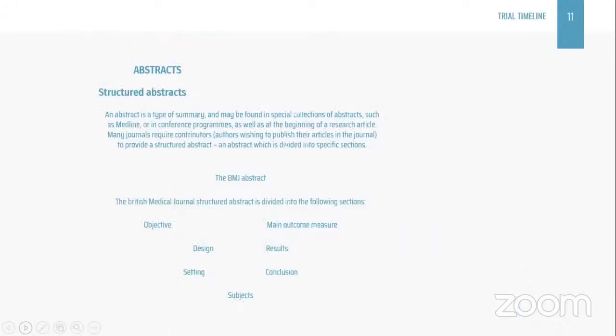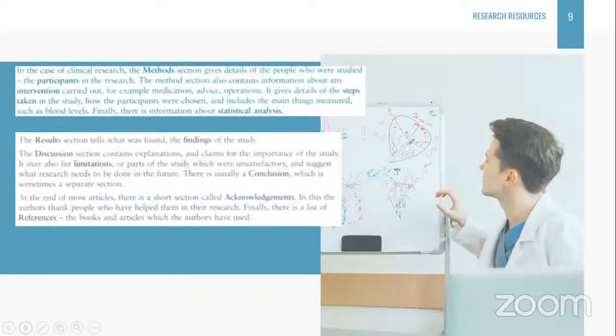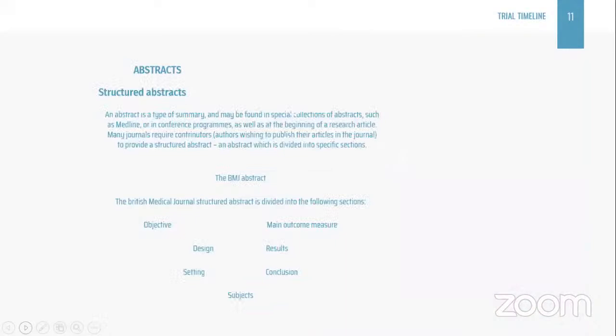Yes, according to the structure, yes, I use the same structure for the article. Okay, you didn't add anything else?